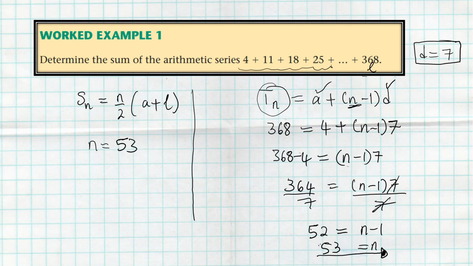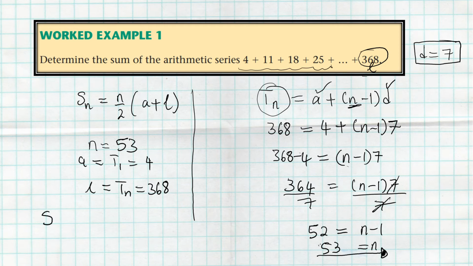Now our a is our first term, which is 4. Our l, which is our last term, is the same as Tn, which is 368. Then I can use my formula, substitute my values and get my sum.